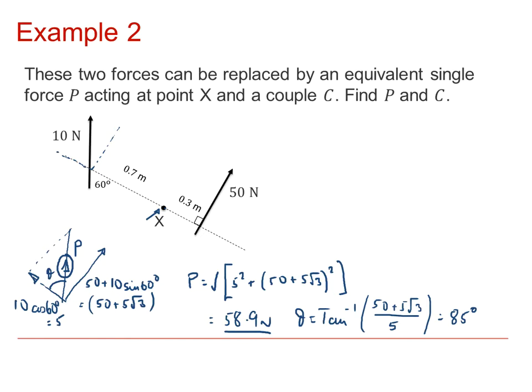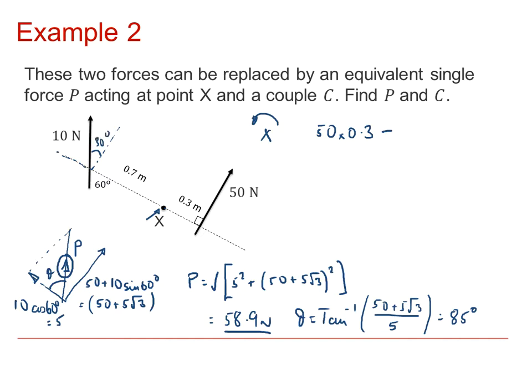To calculate the couple, we need to take moments about X. So taking moments about X, the anti-clockwise moment is given by the 50, so 50 multiplied by 0.3, and then there's a clockwise moment which is equal to 10, and the value here of that angle is 30 degrees.